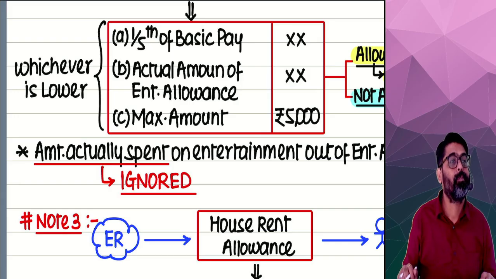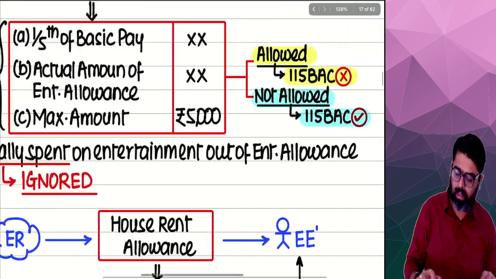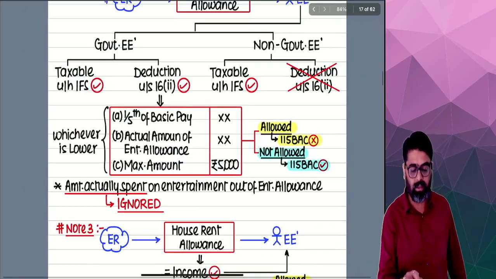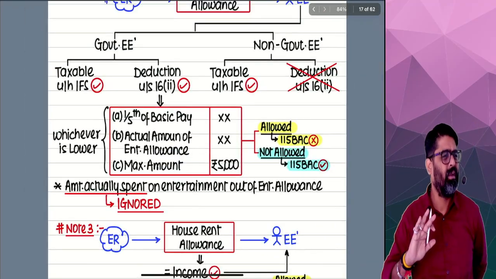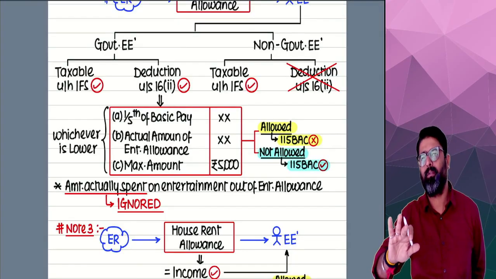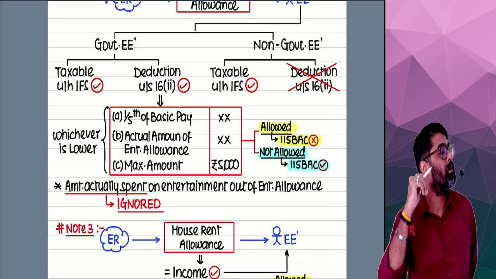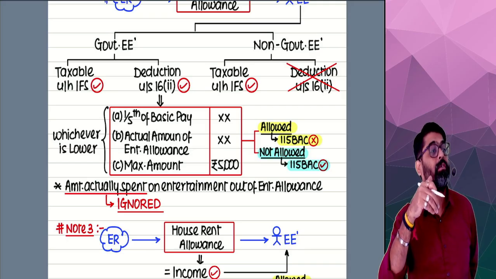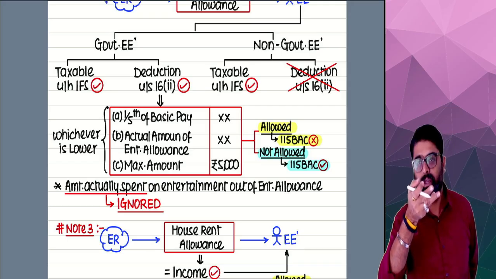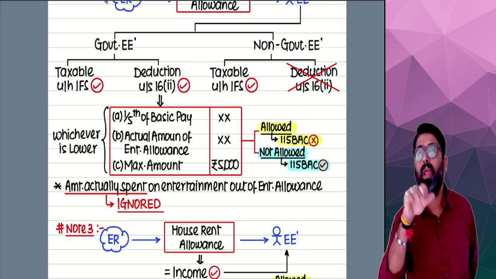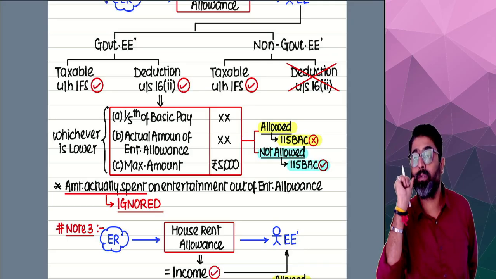Why are government employees getting that deduction? Tell me. The reason is simple. The government gives entertainment allowance only to those employees who are actually dealing with clients, customers, etc. Yes or no? This will not be given to any employee who does not require this type of allowance.